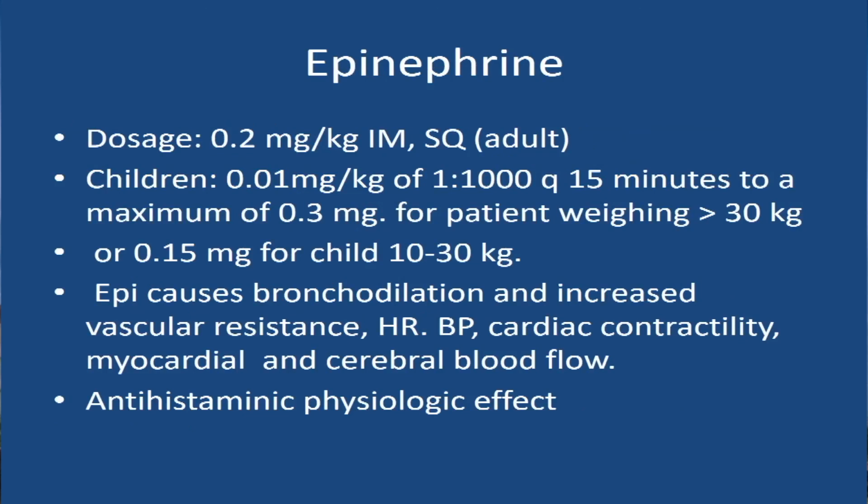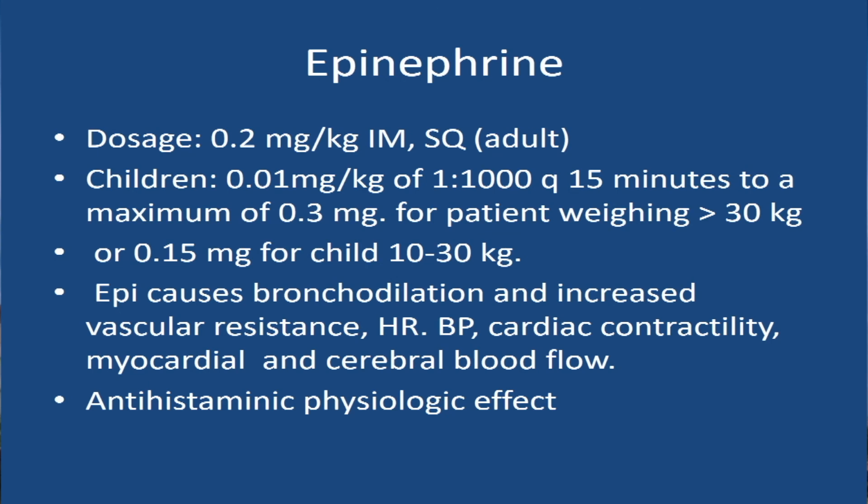Epinephrine, a drug that we use commonly in an anaphylactic reaction, is 0.2 of a milligram per kilo IM, and for children 0.01 milligrams per kilogram of 1 to 1,000 every 15 minutes to a maximum of 0.3 for a patient weighing greater than 30 kilos, or 0.15 milligrams for kids 10 to 30 kilos.